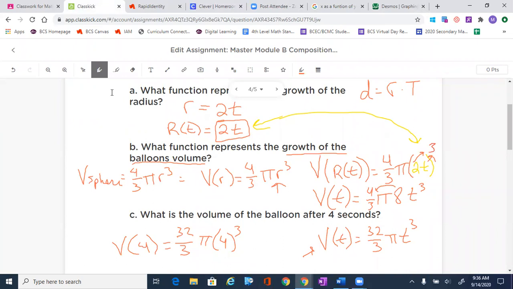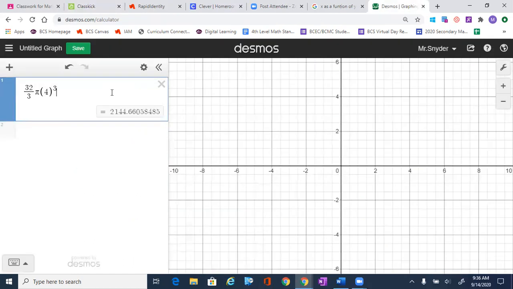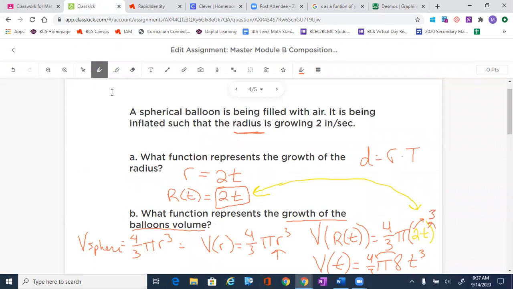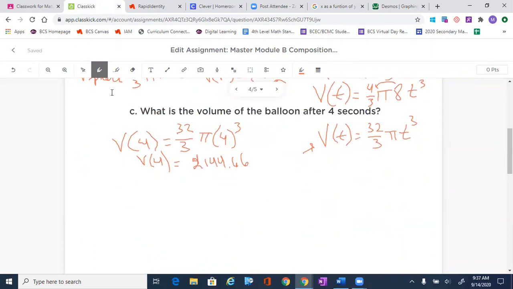So the volume after 4 seconds would be 2,144.66. And we're talking about inches. It says it right here. So it'd be inches cubed.